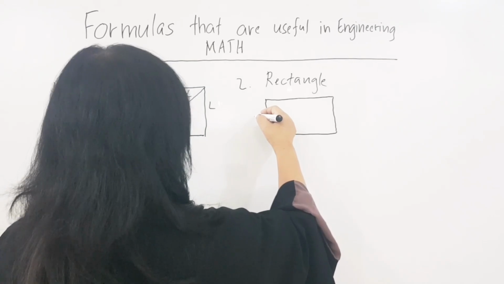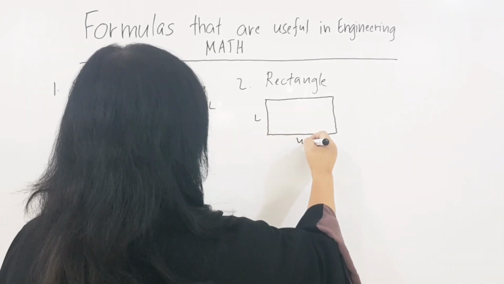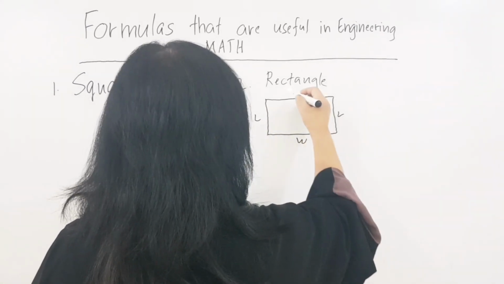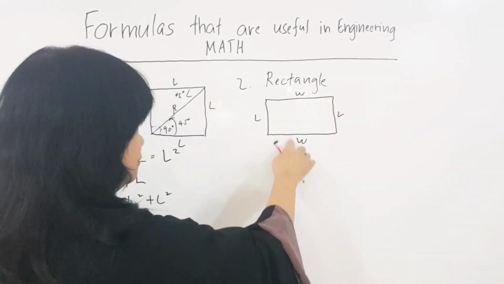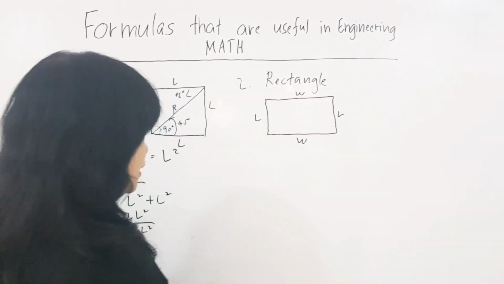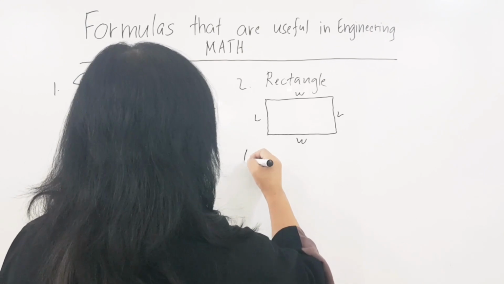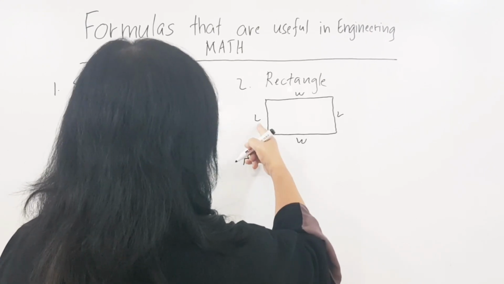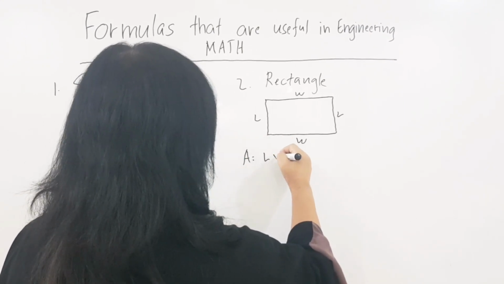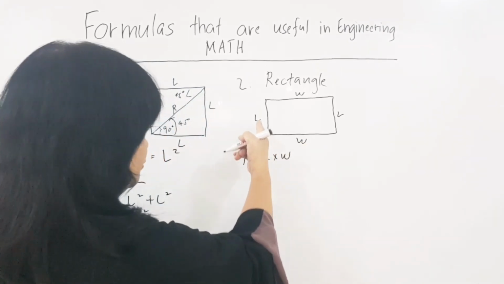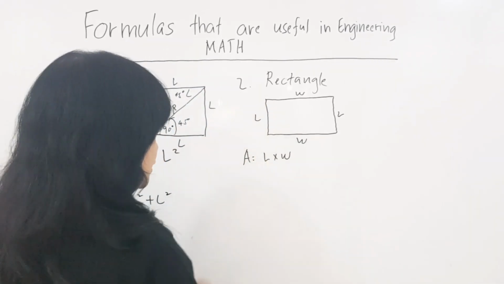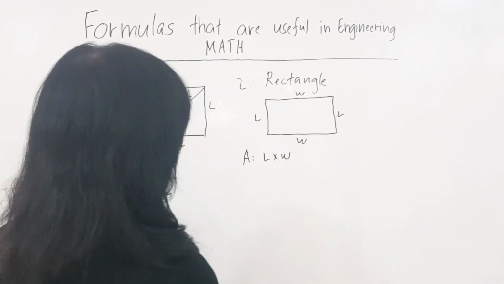If this is the length L and this is the width W, this is also L and this is also W, because they are the same. Therefore, the area of this rectangle is equal to the length times the W. This is one formula.